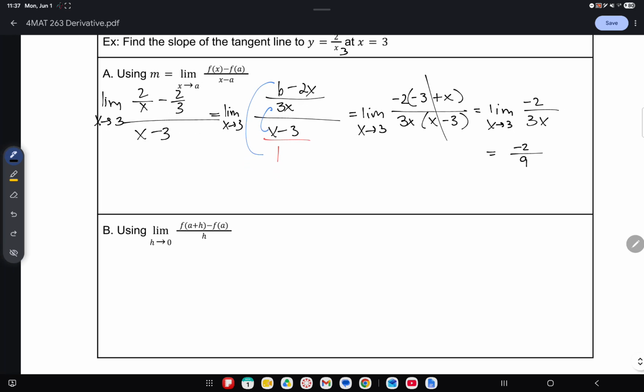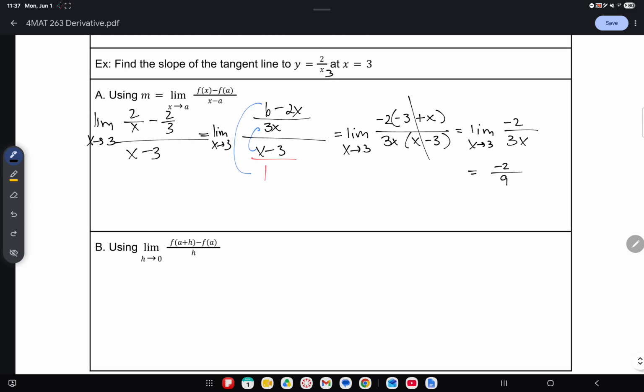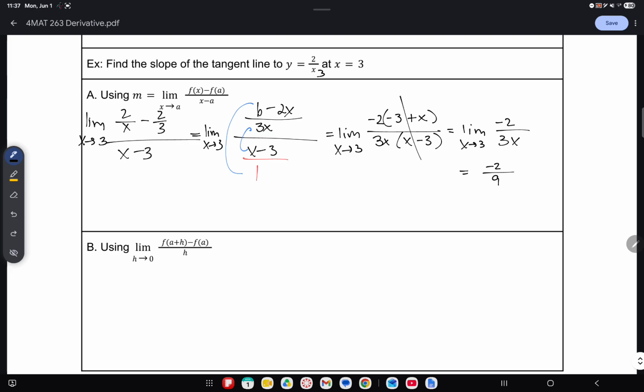All right. Now let's do it for any a value. Okay. So we have the limit as h goes to 0 of f of a plus h. So 2 over a plus h minus f of a, so 2 over a all over h.